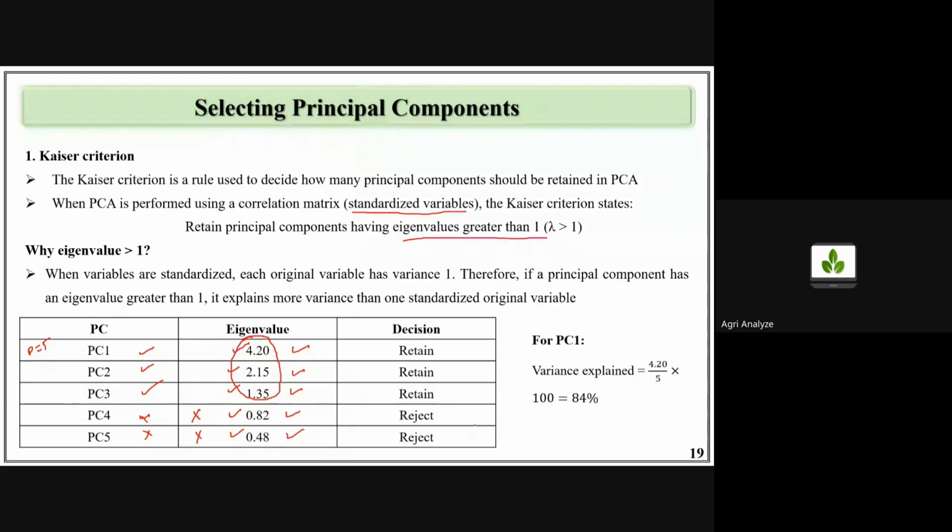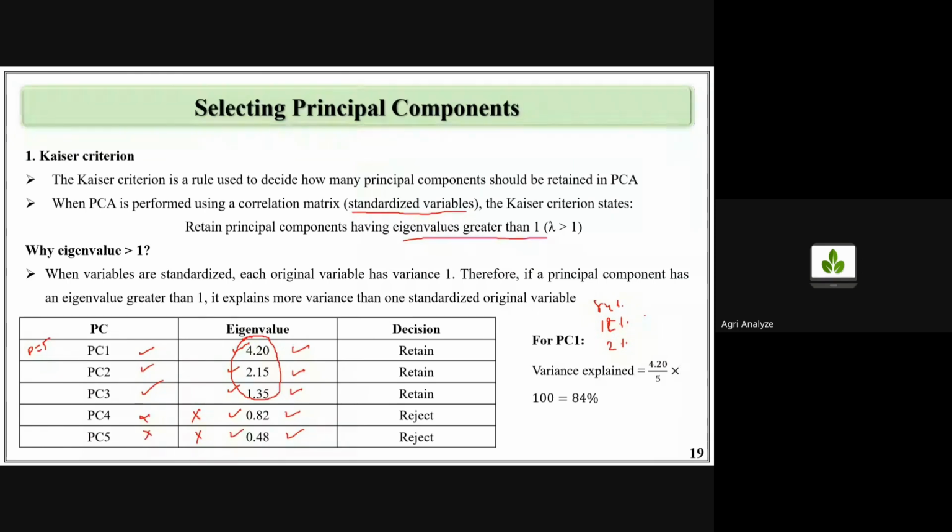So it is 84. Similarly, we calculate it for each principal component and get the explained variance for each. So 84% is explained by principal component 1, then 12% is explained variance by PC2, and then 2% of the variation is explained by PC3.